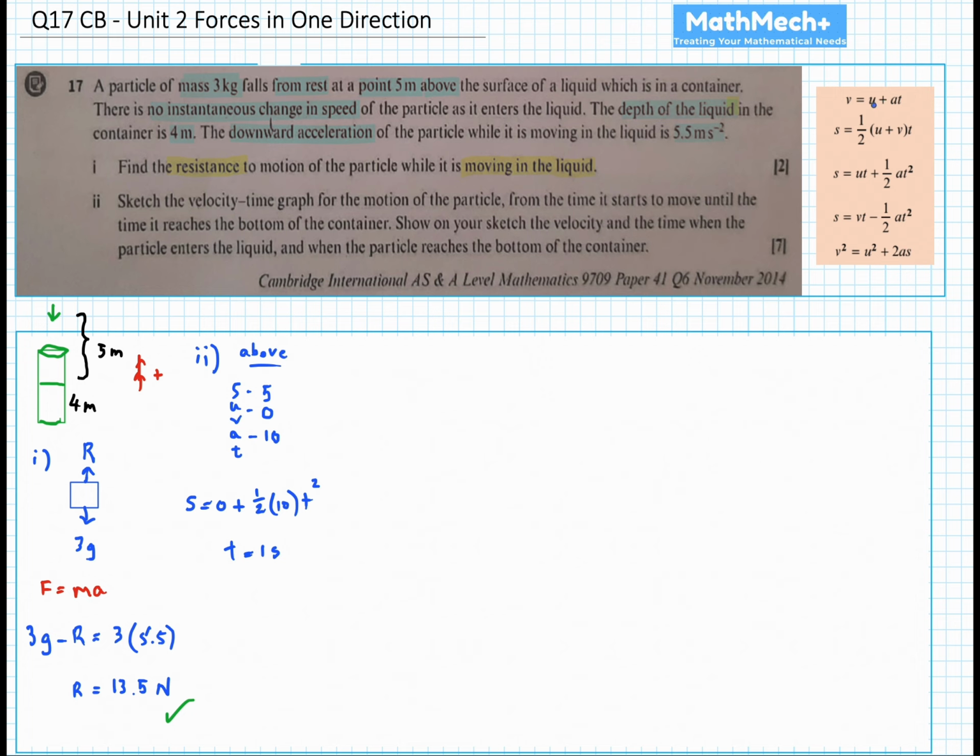Next, we see if we can find our velocity. So v equals u plus at. We put in 10 for acceleration and 0, of course, for our initial velocity. So the velocity of that was 10 meters per second. That's outside, above the liquid. Now, in the liquid, do the same thing again.